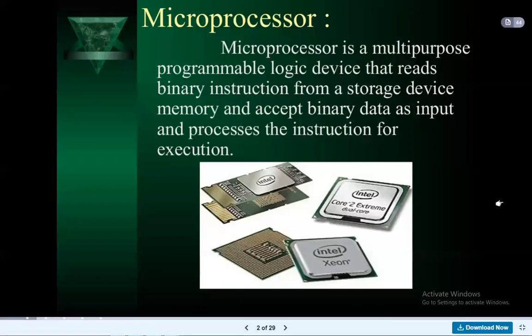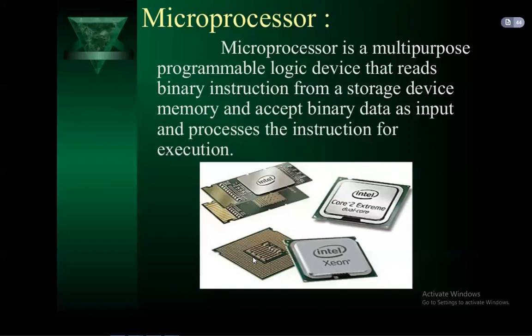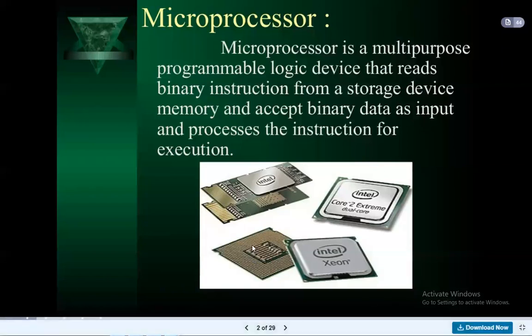Here in the diagram, we are seeing some microprocessor chips, such as Intel. These chips are everywhere: in your mobile devices, computers, card readers, memory chips. These are the microprocessor chips.